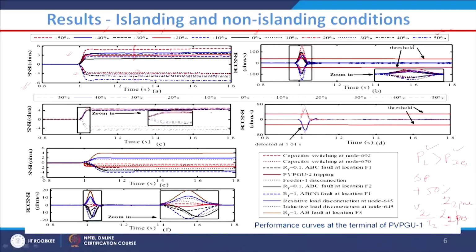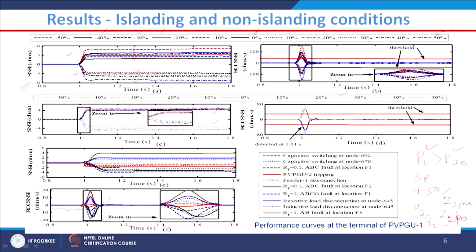So, keeping this concept in mind, we have taken the negative sequence part of the active and reactive power, and also the positive part of the reactive power, and the corresponding figure is shown here. Now, coming to the rate of change part, why is this 0? Let us say the islanding has occurred at 1 second.